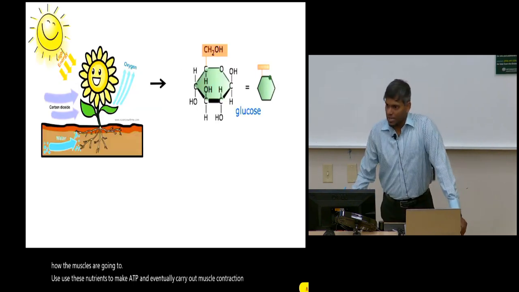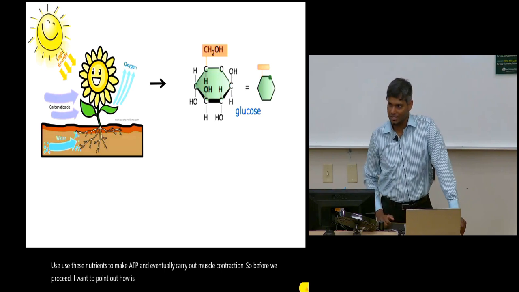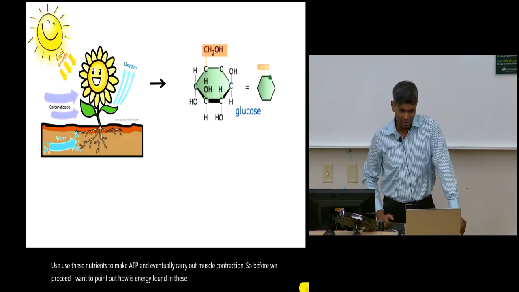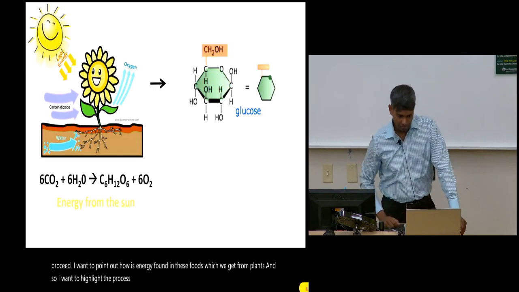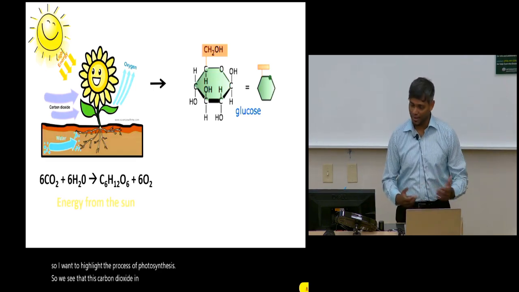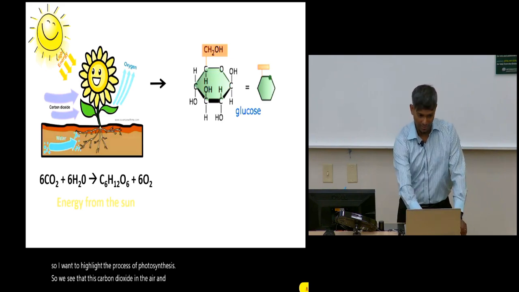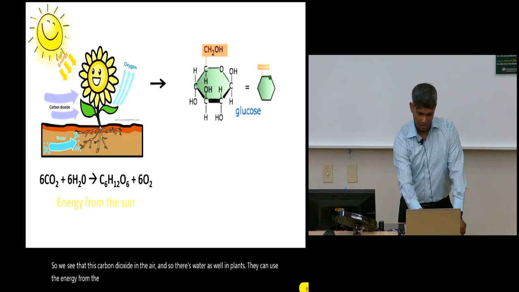Before we proceed, I want to point out how energy is found in these foods which we get from plants, so I want to highlight the process of photosynthesis. We see that there's carbon dioxide in the air, and there's water as well in plants. They can use the energy from the sun to make carbohydrates.